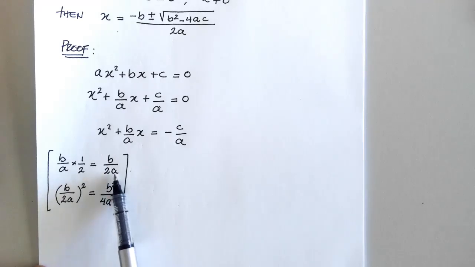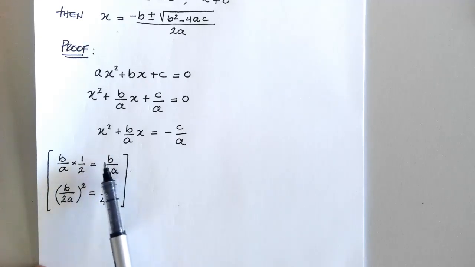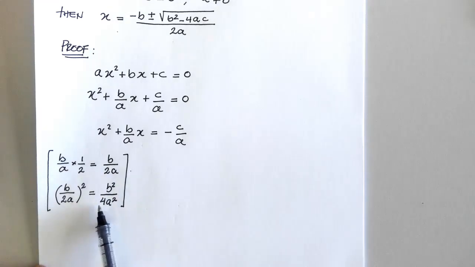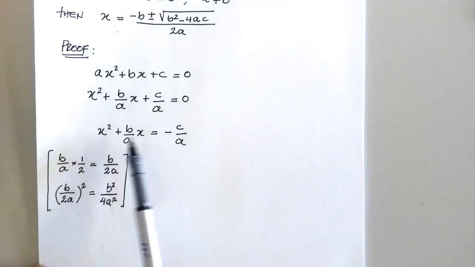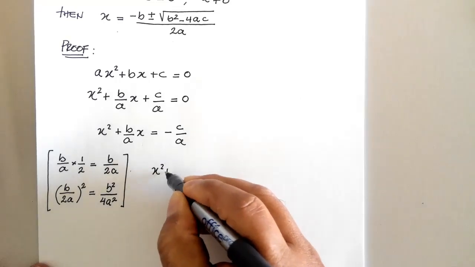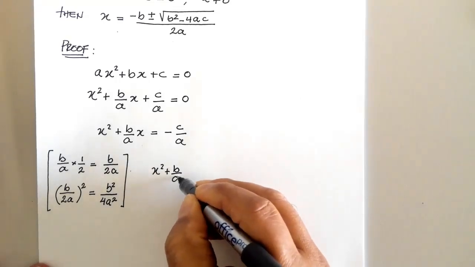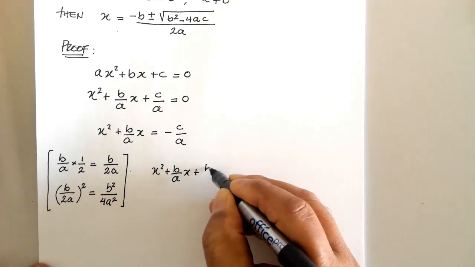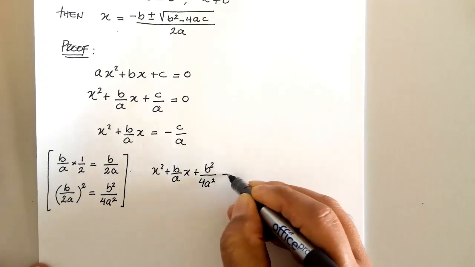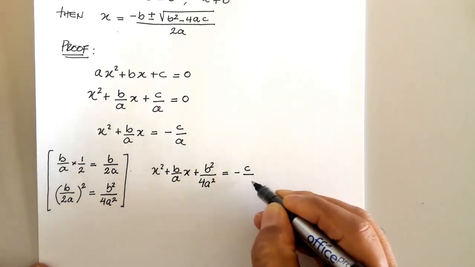Then we square the answer: b squared over 4a squared. That is what we're going to be adding to both sides of this expression. So x squared plus b over a x, plus b squared over 4a squared, but then I need to add that also to the other side.